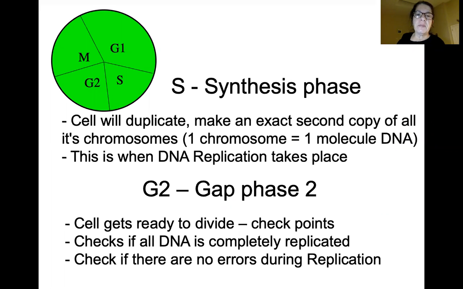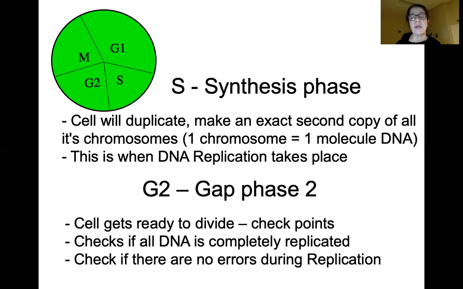After S phase is completed, S phase is followed by gap 2, the gap phase. This is the phase where the cell will pause and execute checkpoints. And checkpoints are points where the cells will pause and make sure everything that has occurred is completed and is completed accurately. So let's say event B checks that event A is done, it's completed, and is completed accurately.